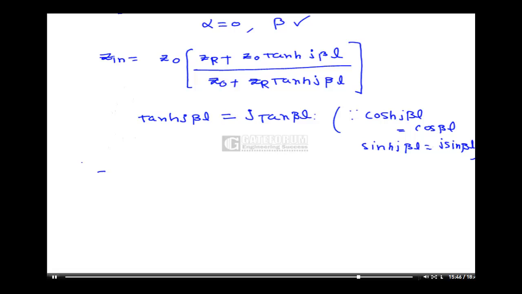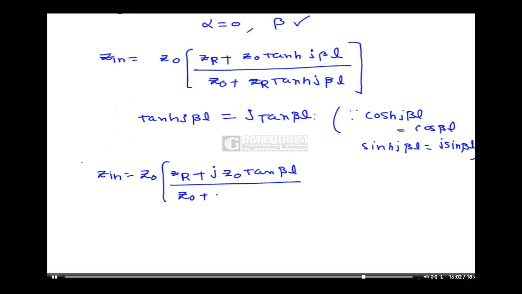With this identity, the input impedance is equal to Z0 into (ZR plus j Z0 tan beta L) by (Z0 plus j ZR tan beta L).